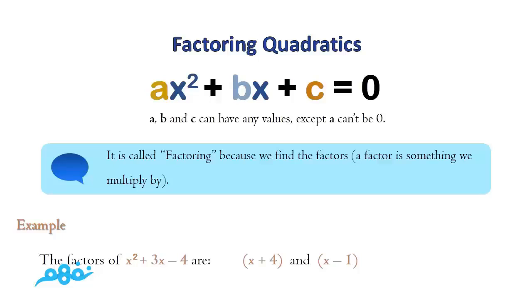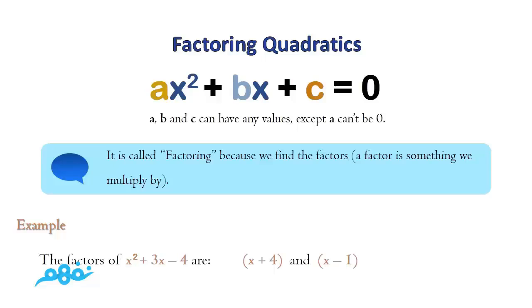There are many ways to solve the mystery of the x and to factor the quadratics. The most popular one and the easiest one is factoring. We say factoring because we find the factors, and a factor of any number is a number that may be multiplied by another to find this number.